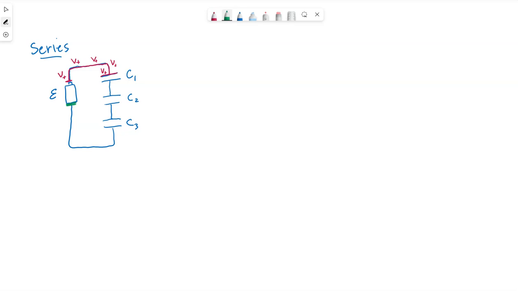Similarly, the negative terminal of the battery connected to the wire, connected to this bottom plate, because we're talking equilibrium, ends up with all of this at the same negative electric potential. So ultimately, between here and here represents the battery voltage.